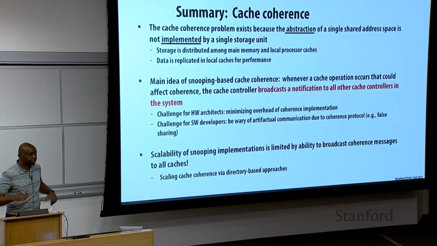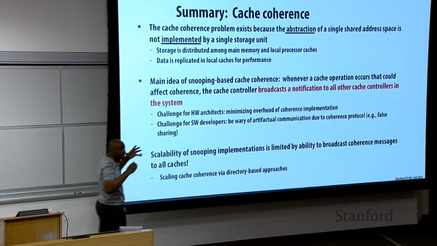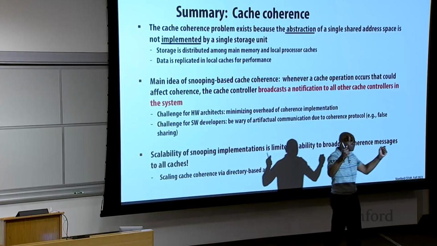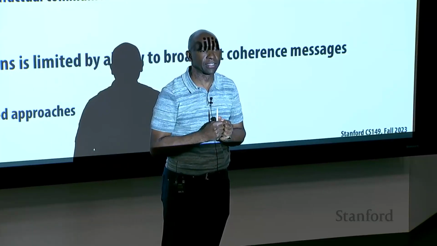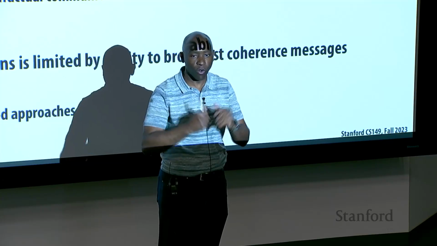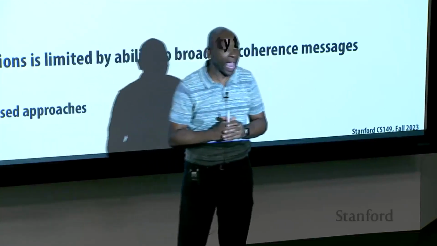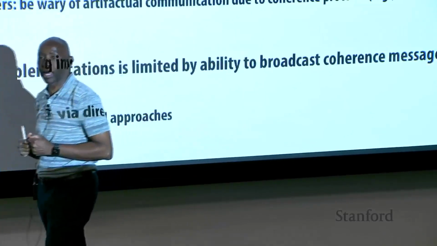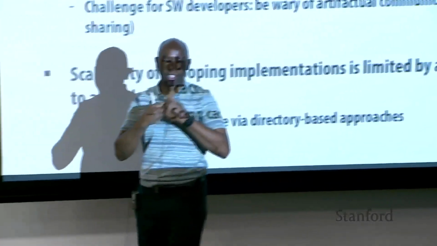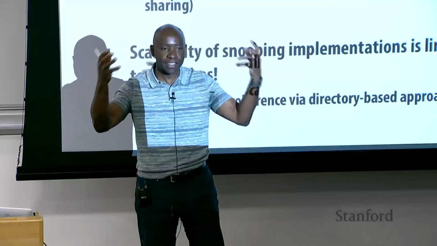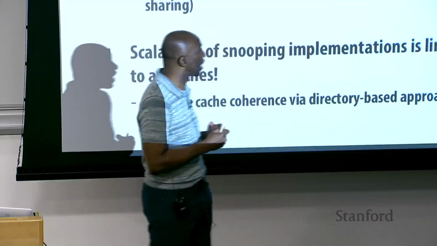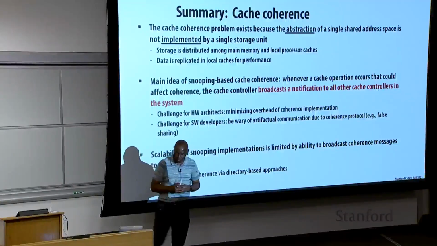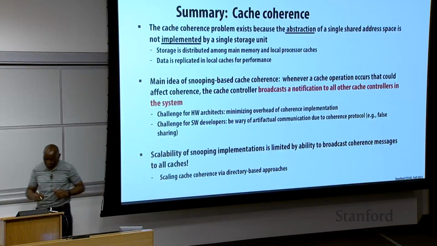So in summary, the reason that we've got this coherence problem is that we have this shared address space being implemented by independent separate caches, and we want to be able to serialize accesses to any particular address such that all the processors see the same serialized access to a particular address.